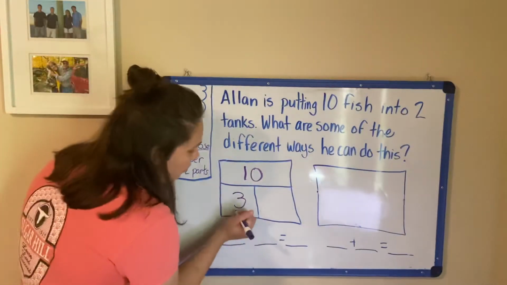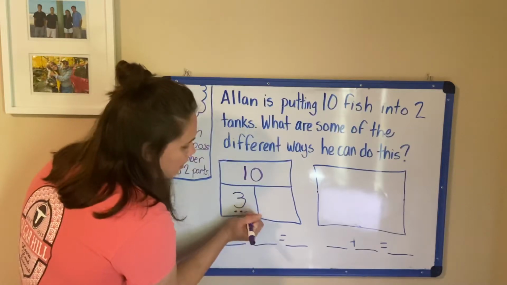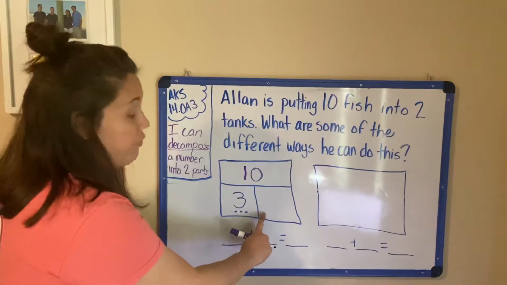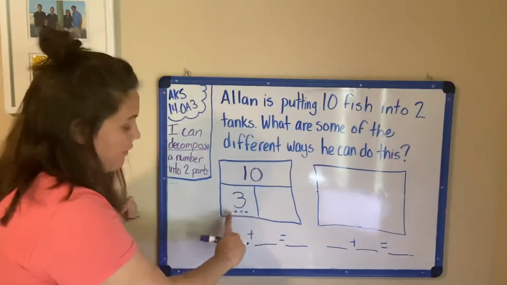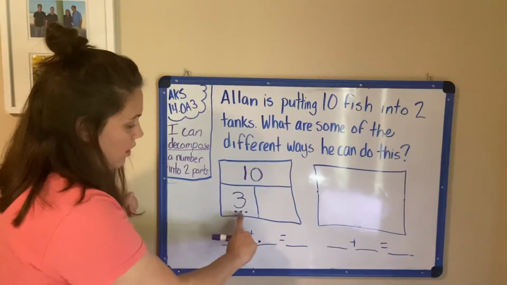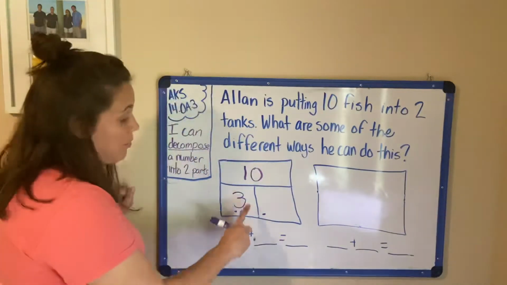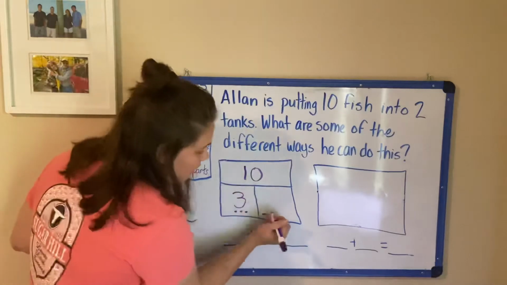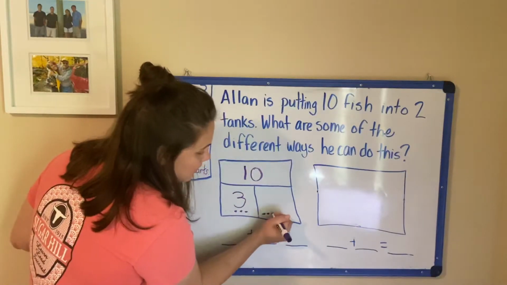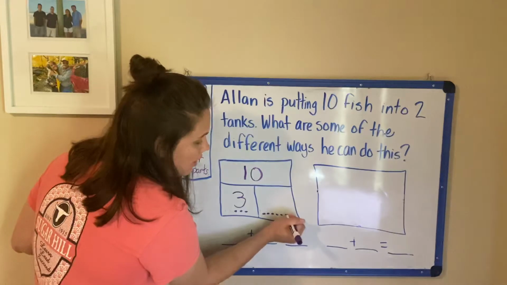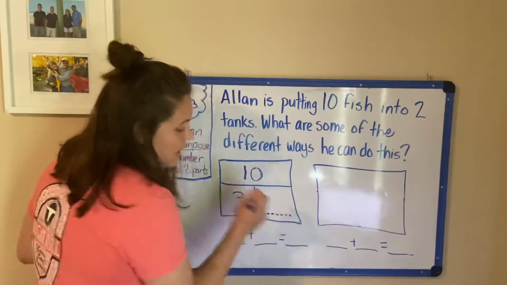So I'm going to put 3 dots right here under 3, okay? I'm going to start with number 4 in this box because I've already drawn 3. 1, 2, 3, 4. And now I'm going to go all the way to 10. 5, 6, 7, 8, 9, 10.